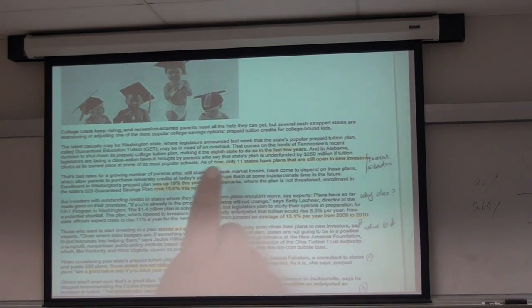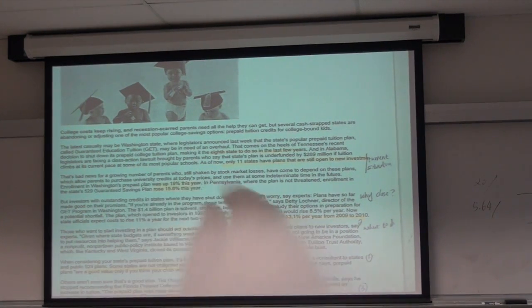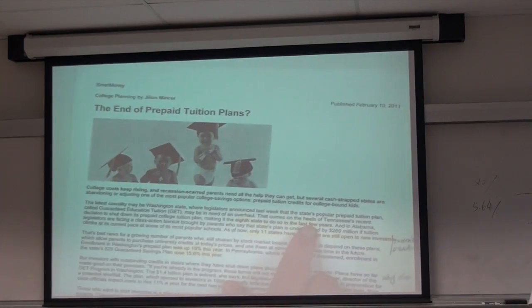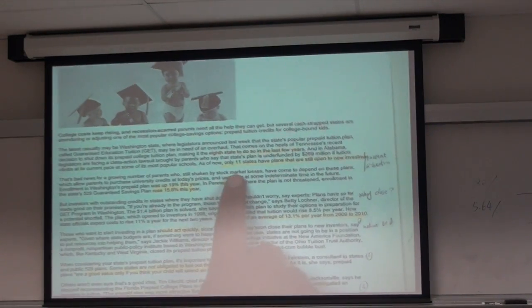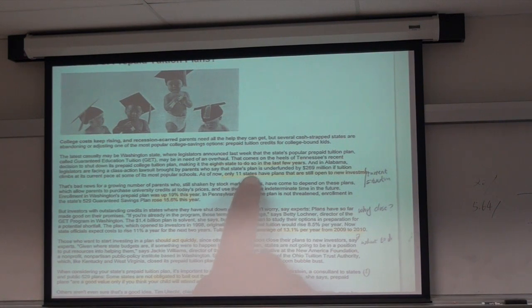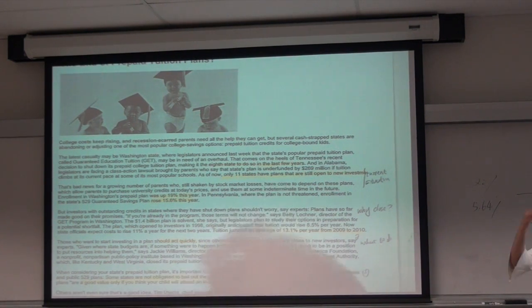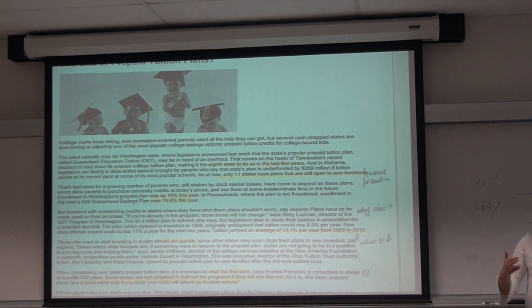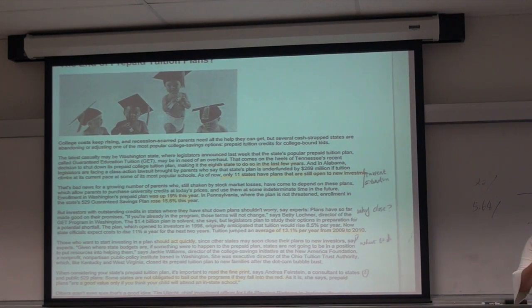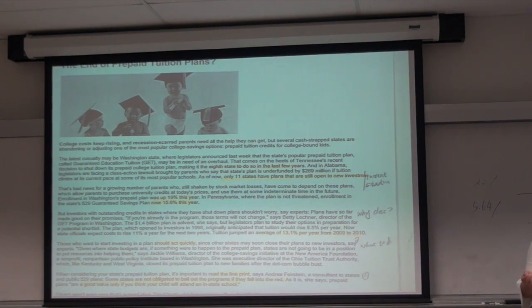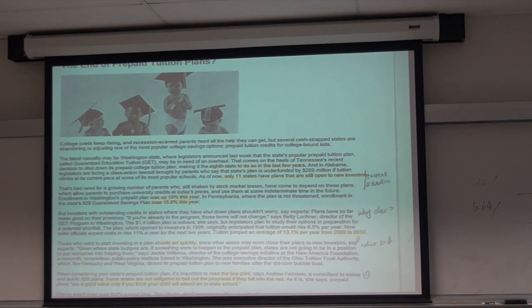In 2011, a lot of states decided they're going to close their prepaid plans, the annual prepaid tuition plans. So in 2011, only 11 states have plans that are still open to new investments. Because it's expensive, because the tuition is growing and growing, and you try to lock that, so the government needs to subsidize. So they don't want to do it, okay?